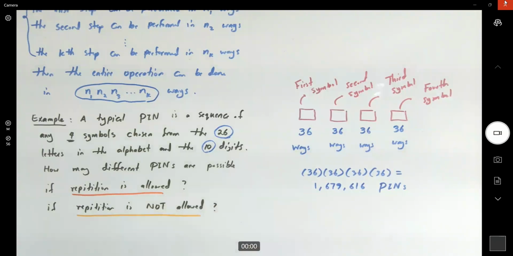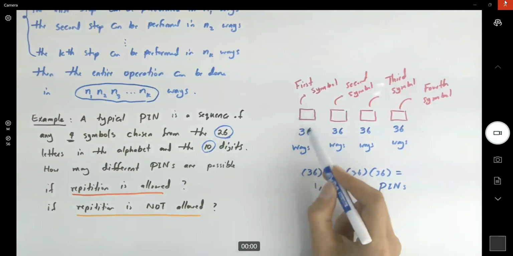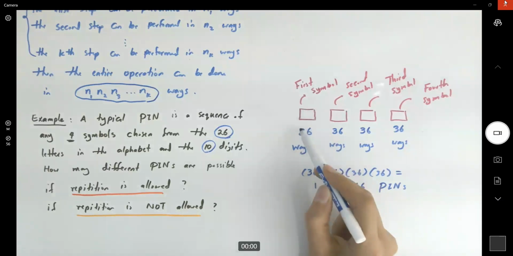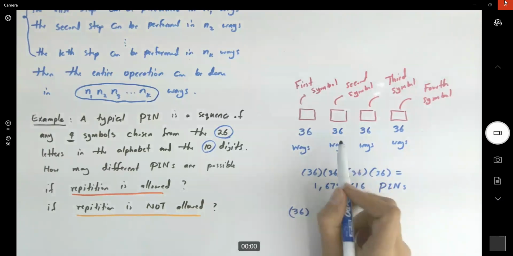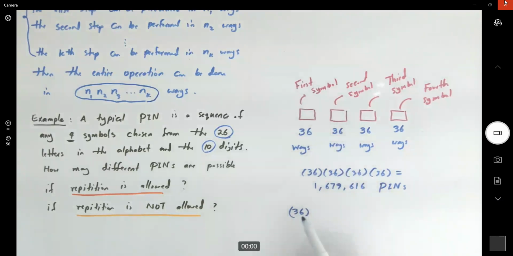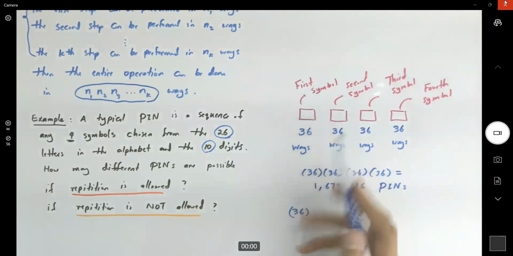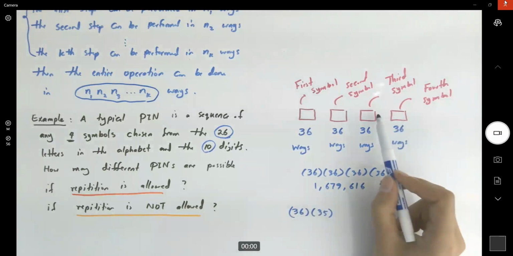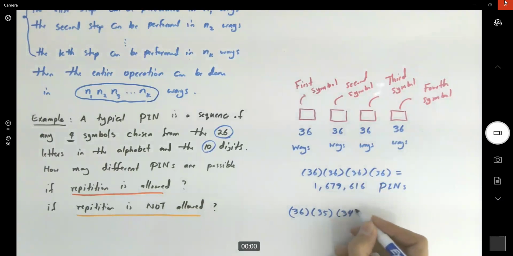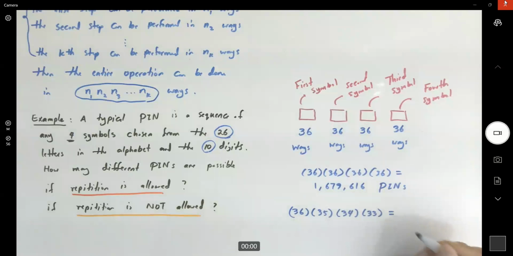For this scenario, the very first symbol has 36 ways. The second symbol cannot have the exact same symbol that you selected for the first one. So you're going to have 35 options, 35 ways. For the third, you have 34 ways, 34 options. And for the last one, you're going to have 33 options.